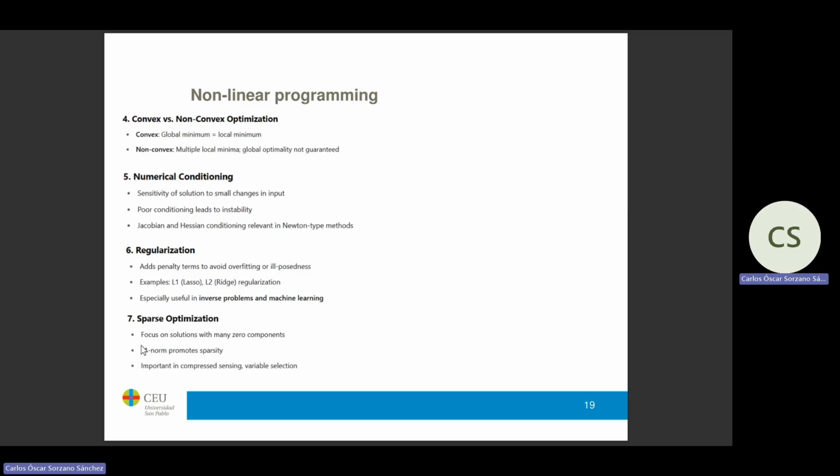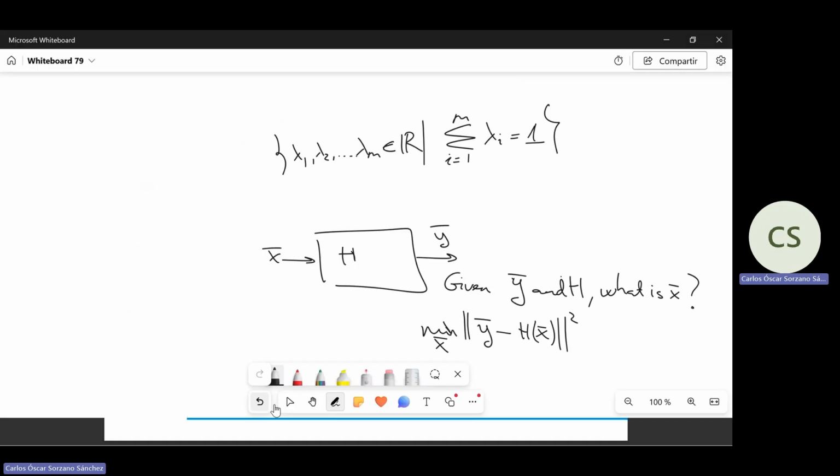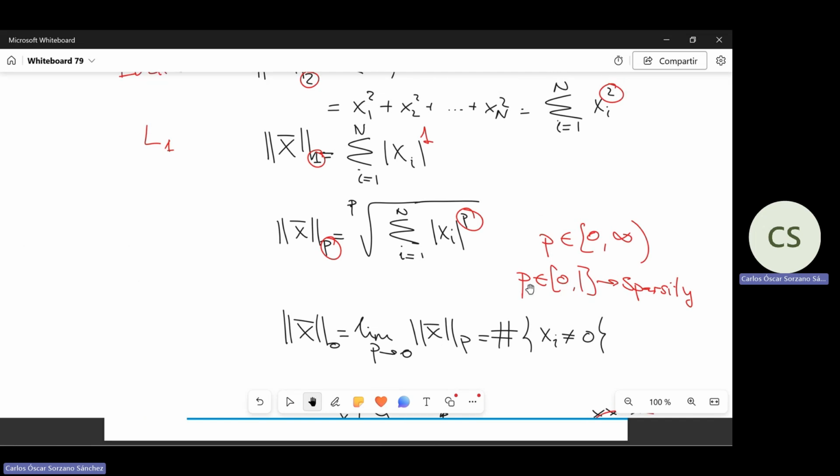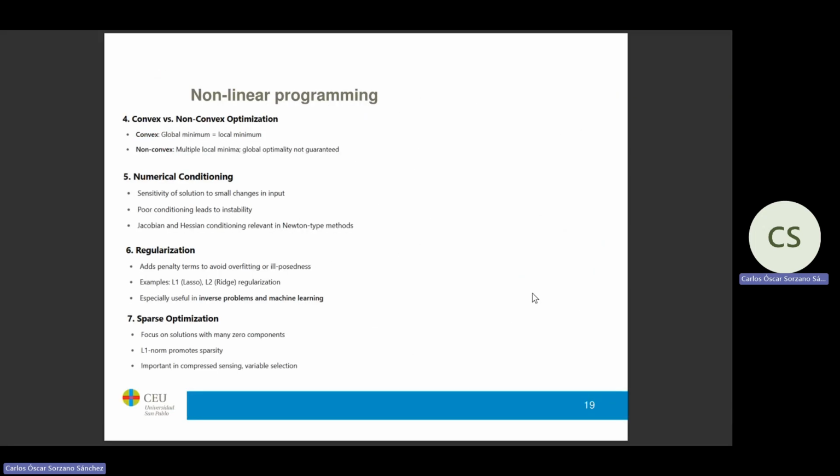It is a very bad norm for solving efficiently. And between 0 and 1, these Lp norms that I presented above also tend to promote sparsity. I think the first one that is convex is the L1 norm.